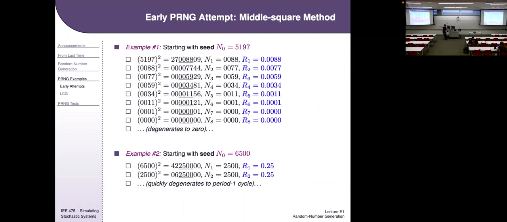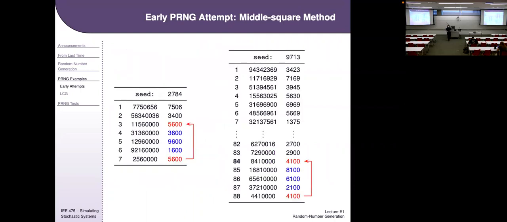So middle square was an attempt at that, but you were limited in your choice of seed, and there were very few good seeds to choose. And this is just me demonstrating those things too. So here's some examples where you start with one seed, things start to be going okay, and then you get into these short cycles. And then this one here is particularly deleterious and insidious. You start with a seed, and for the first 83 numbers, it actually looks pretty good.